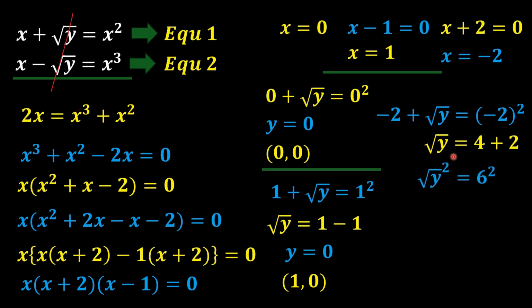In the next step, 4 plus 2 will be equal to 6, and when we apply squaring on both sides of the equation, the square and root will cancel out together, which will be equal to y, and 6 square will be 36. So here we get another ordered pair: for the value of minus 2, we will get the value of y is 36. So here we have three solutions, 0, 0, 1, 0 and minus 2, 36 for both of these equations after solving simultaneously for x and y.